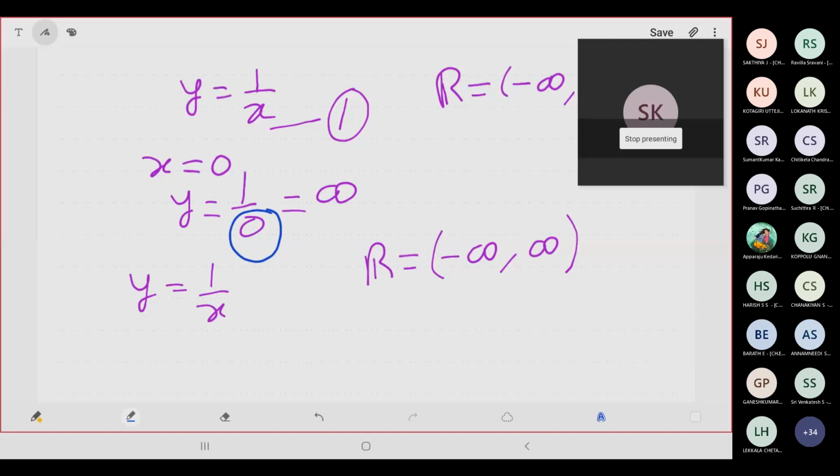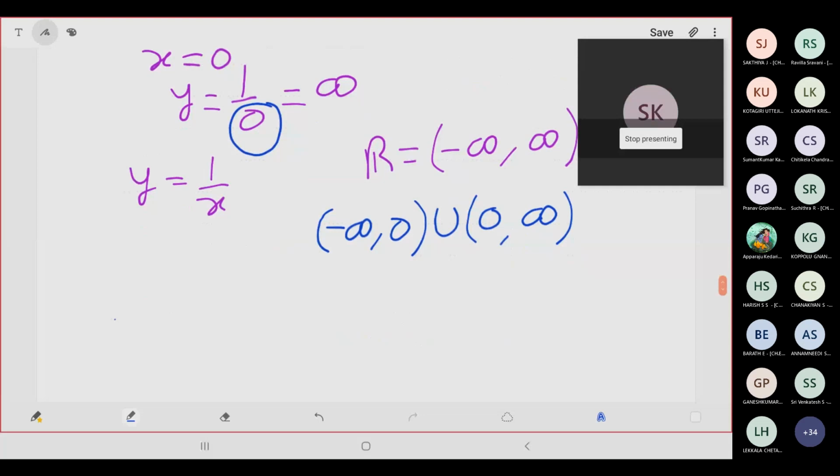So you can exclude the 0 point from the real numbers. Now how to write? You can write in this form: minus infinity to 0 union 0 to plus infinity.